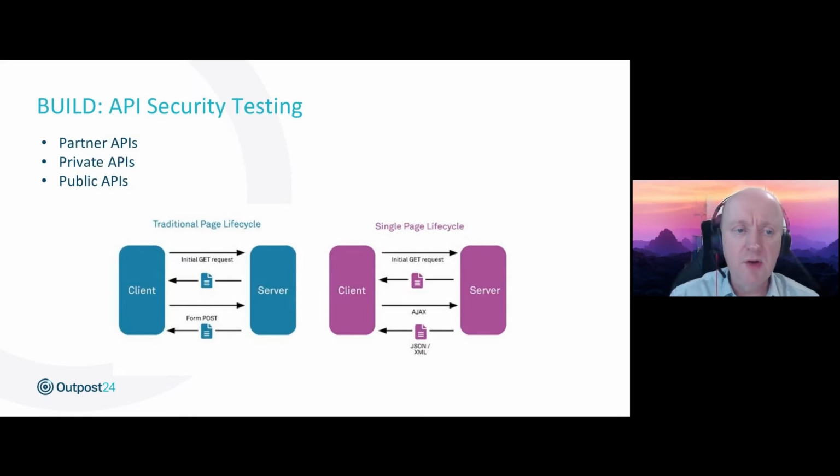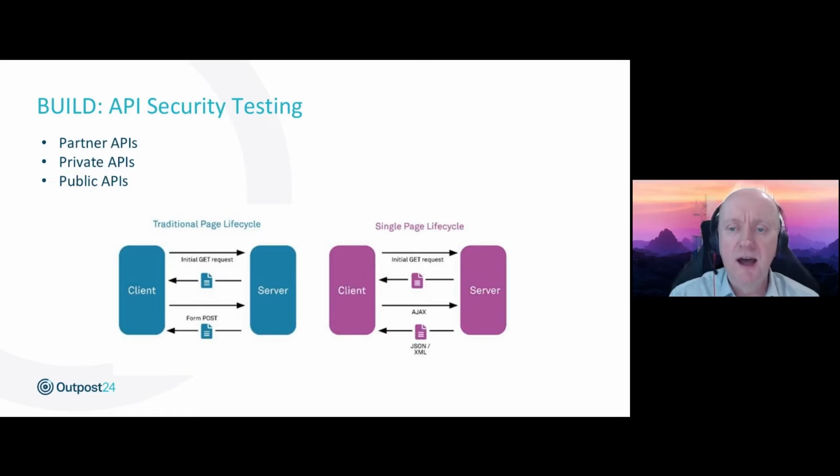And then finally, we've got this idea now of public APIs, so APIs being exposed publicly to offer developers integrations. Clearly, this has a much wider implication. The client-side, using client-side scripting languages, creates this idea of single-page applications.